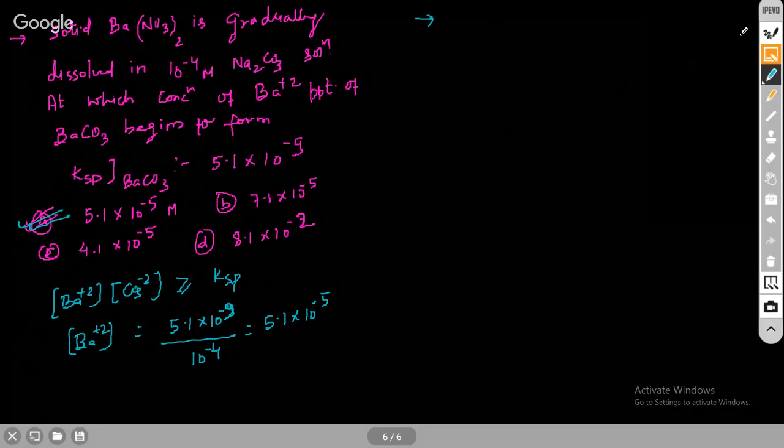Now the last question for today. An acid HA ionizes as H plus and A minus. The pH of a 1 molar solution is 5.